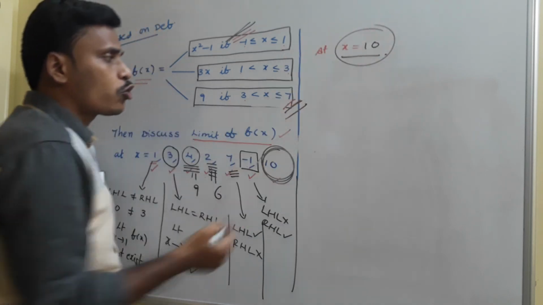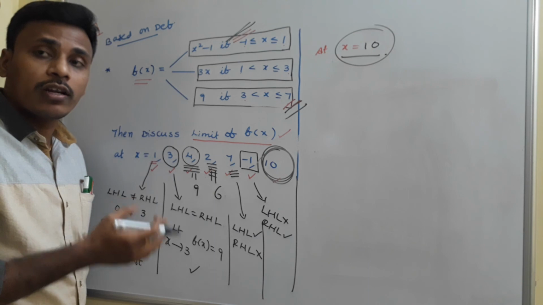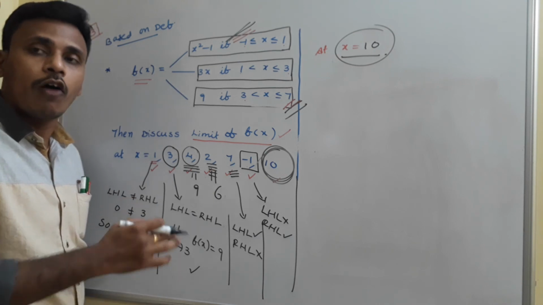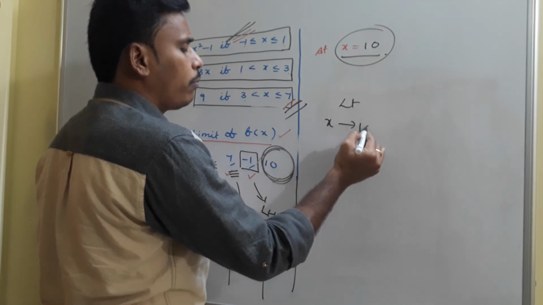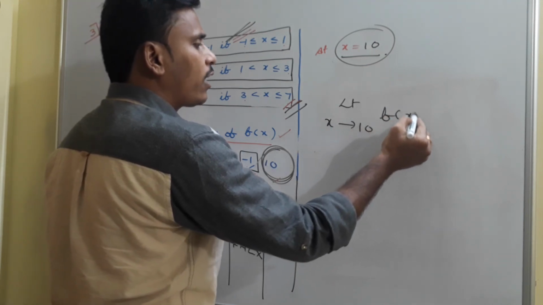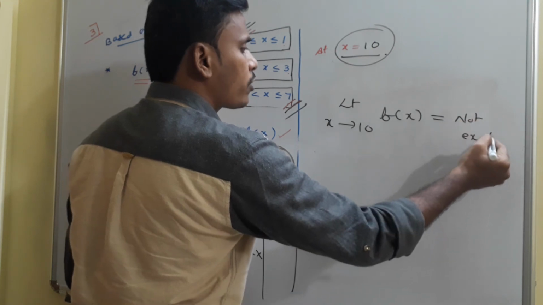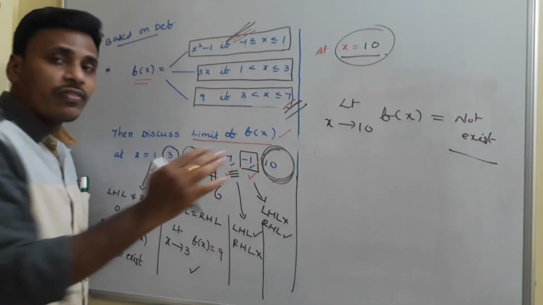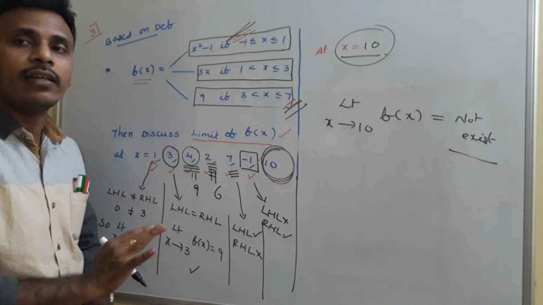So at x equals 10 there is no definition for the function. Function is not there at 10, before 10, or after 10. So no need to discuss left and right. Directly we say limit x tends to 10 f of x does not exist because 10 is not in the domain of f of x, and that's why there is no limit at that point.